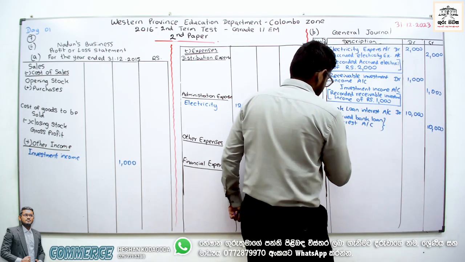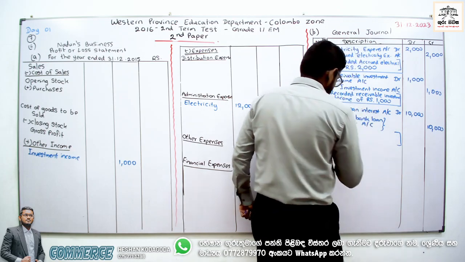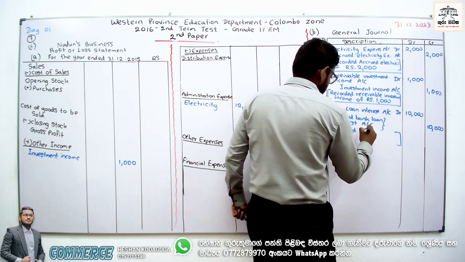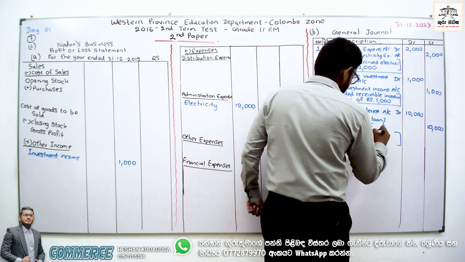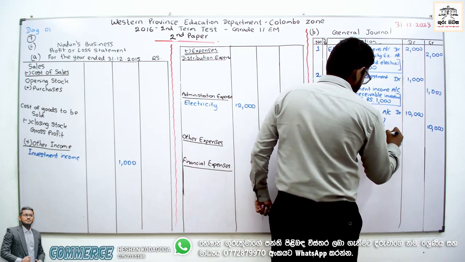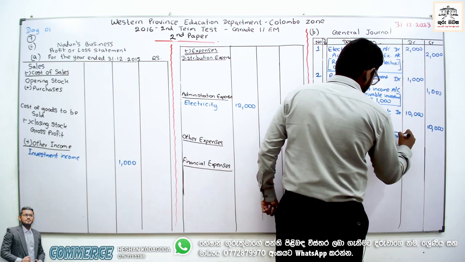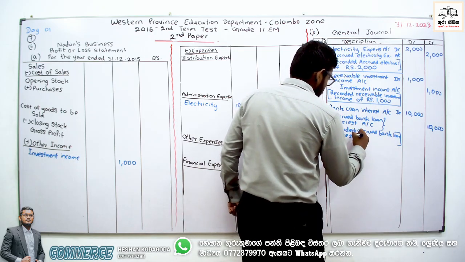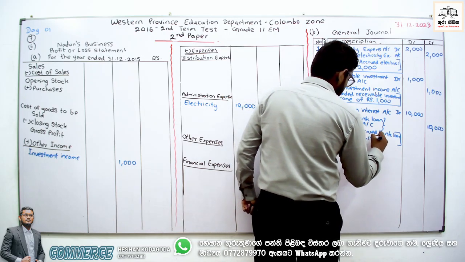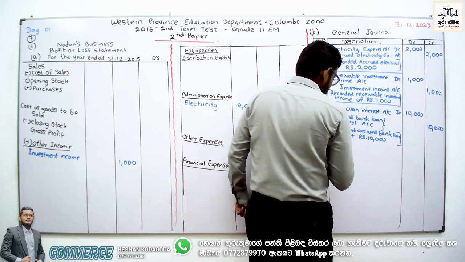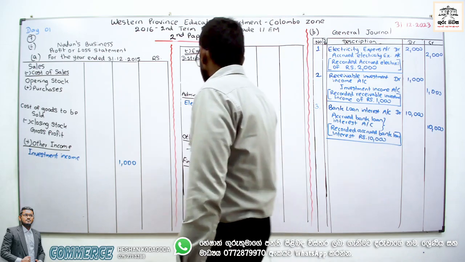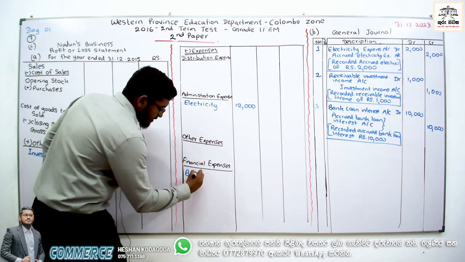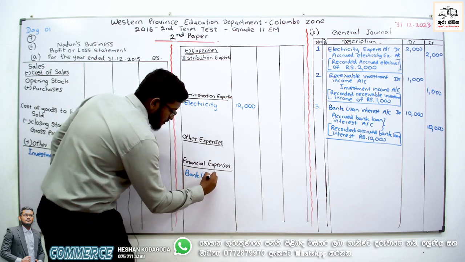You can write the narration: recorded accrued bank loan interest rupees 10,000. You know this 10,000 is financial expenses. You can write bank loan.